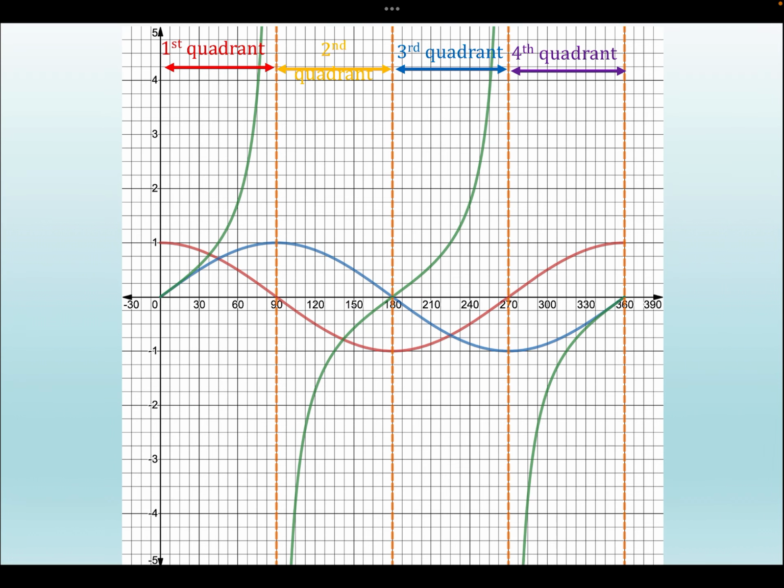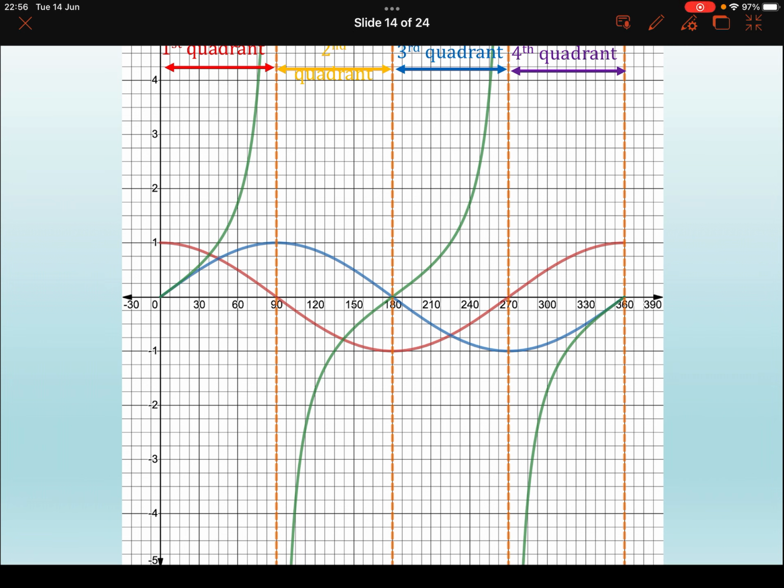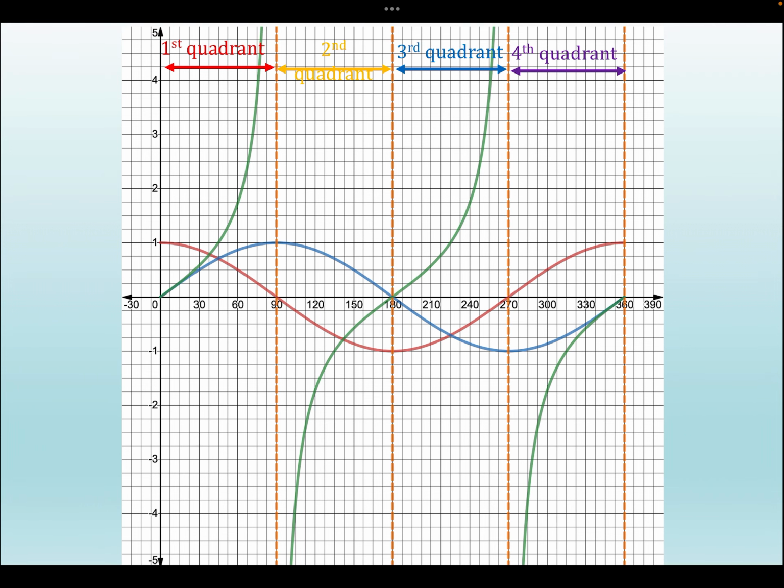You can also see that when we plot the graph, for example, this green line is actually the tangent of theta, and it goes all the way up until it's 90, which is undefined, and 270, which is undefined. Whereas the red line here is cos, and the blue line here is sine. All right.